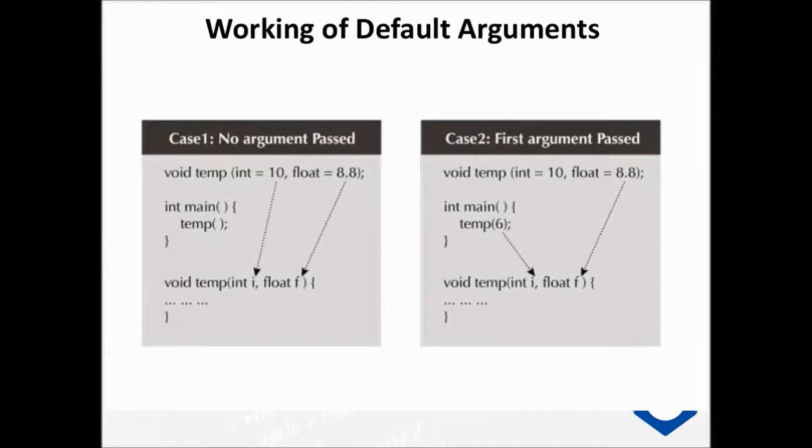So in the main function, when we call this function temp and do not pass any argument to it, and when we define this function temp with int i and float f, then i takes the value 10 and f gets the value 8.8 from the function declaration.